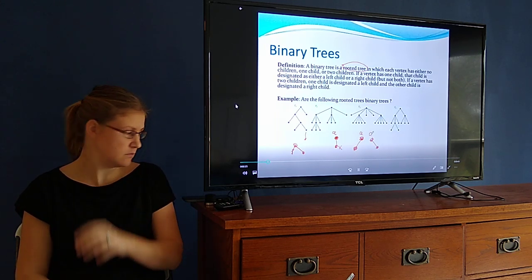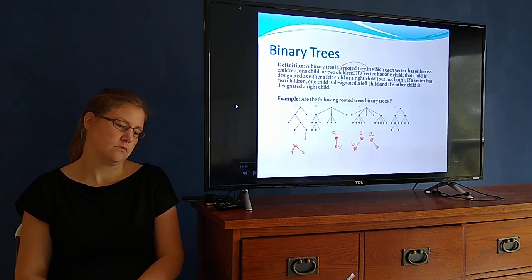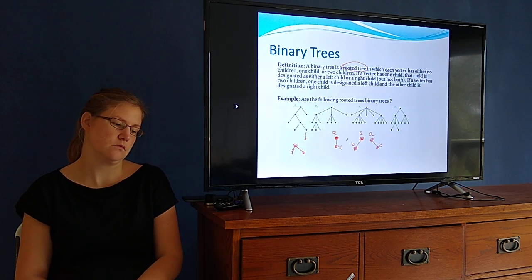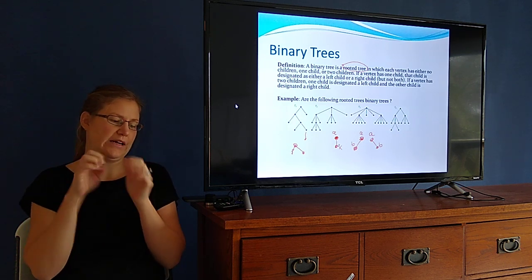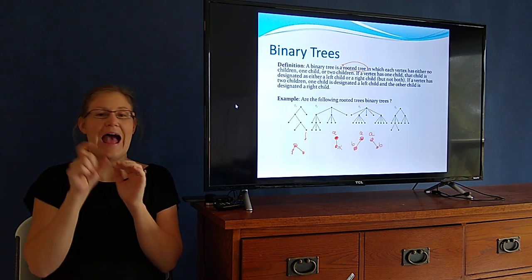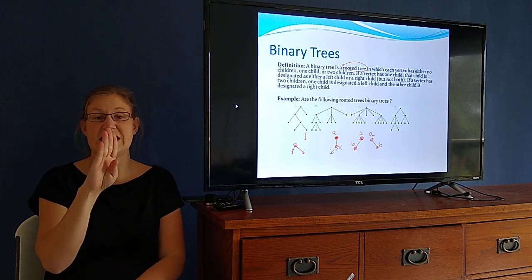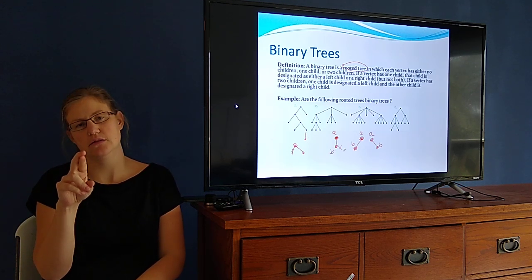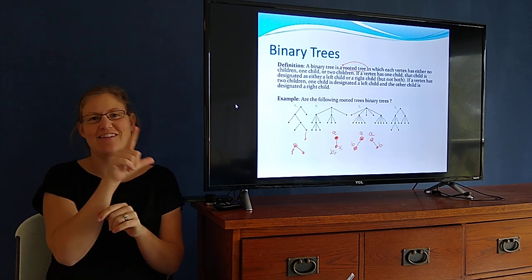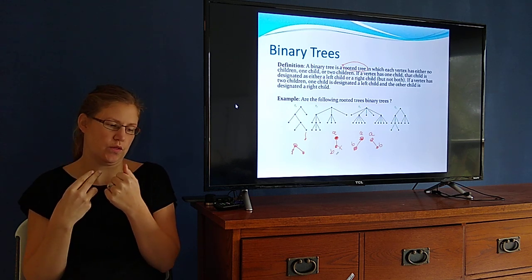Let us only add B here. We cannot have both. You need to say that B is left or right. B cannot be the left and right child of A at the same time.